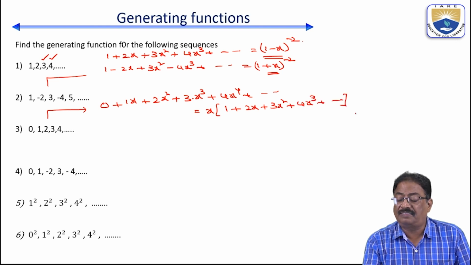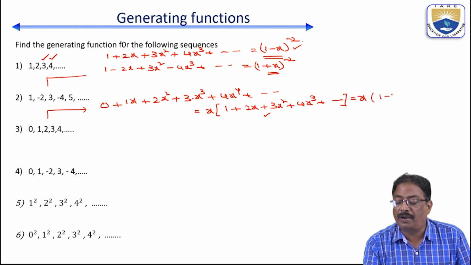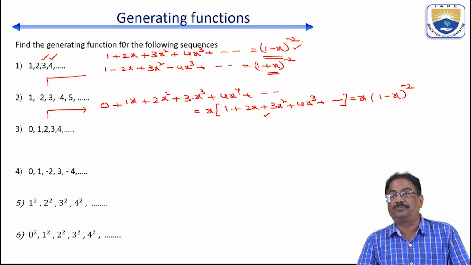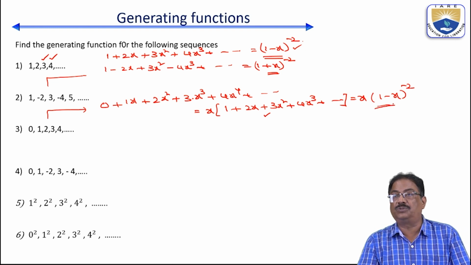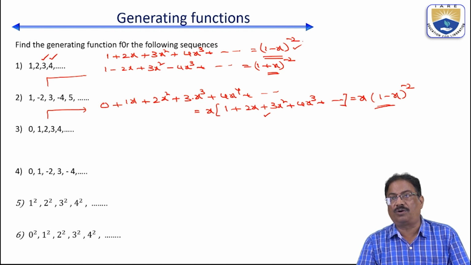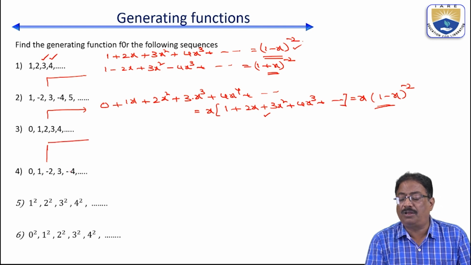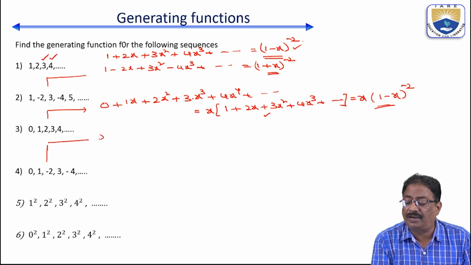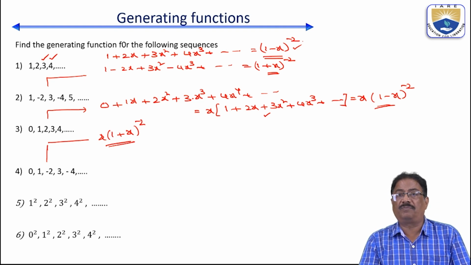So this equals x into the generating function of that sequence, which is 1 minus x whole to the power of minus 2. So for this sequence, F of x is equal to x into 1 minus x whole to the power of minus 2. If it is alternately positive and negative, we write it directly as x into 1 plus x whole to the power of minus 2.